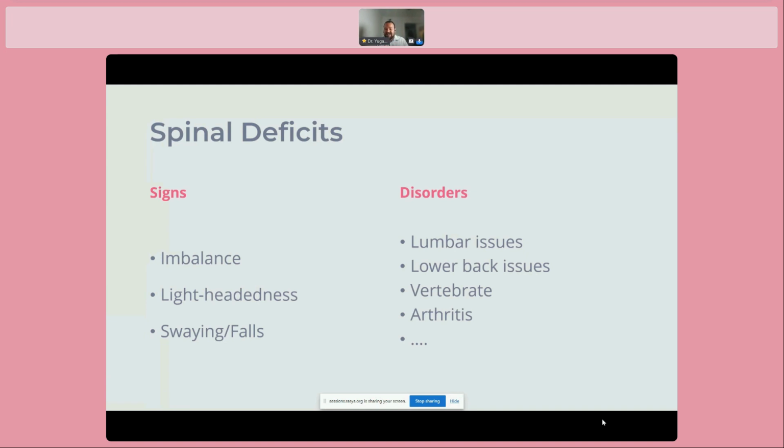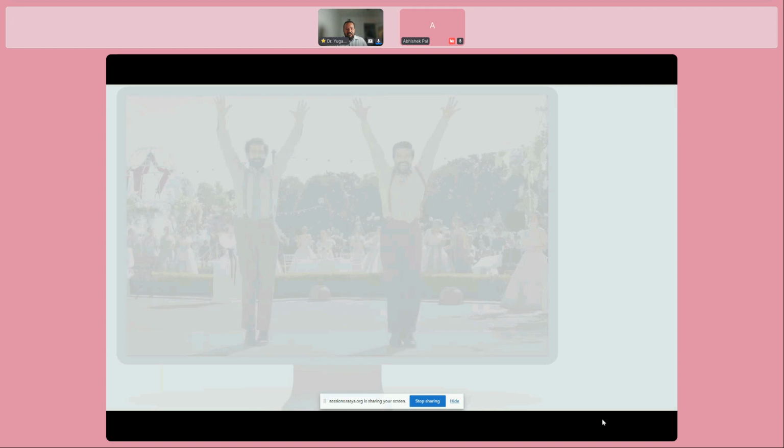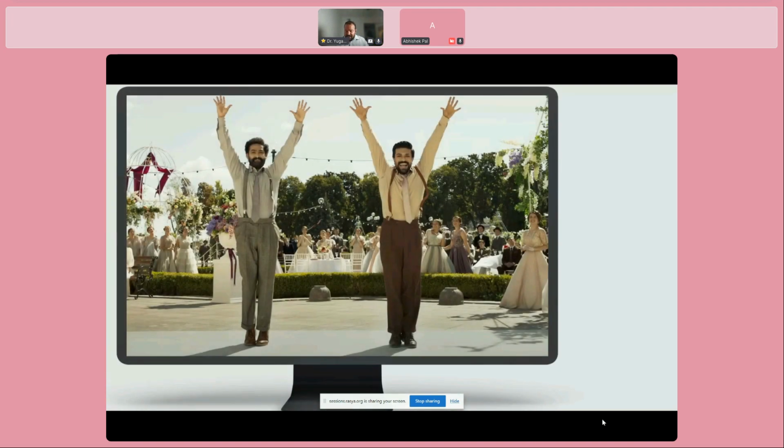It could be lumbar issues, or lower back pain, or vertebral issues, arthritis, and any compression of the nerves or vascular system in the spinal system could result in vestibulospinal reflex issues. So that can result in imbalance or lightheadedness or swaying. So this is a very important system.